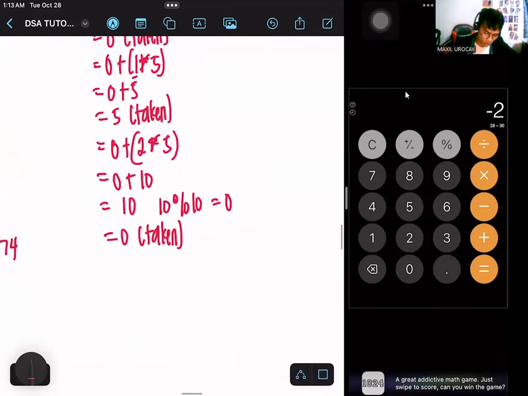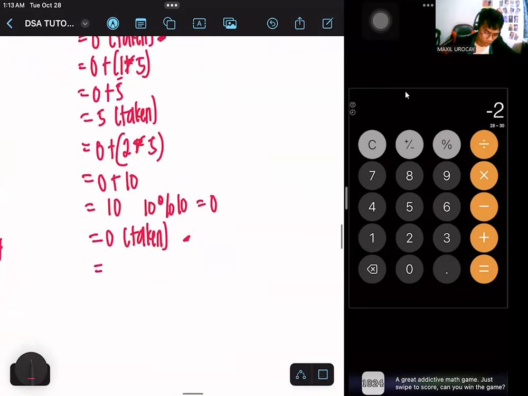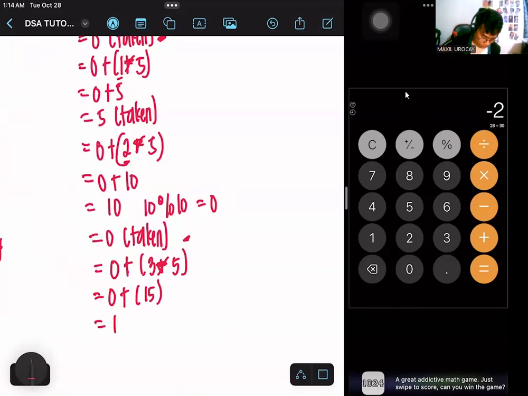So what can we do? Since this is a loop here, then earlier we were able to have that. Let's try to check again for this one. We will just have to run through. It will become 3. Let's try to check if this will still be looping. So it will become 0 plus 15, so equals 15.